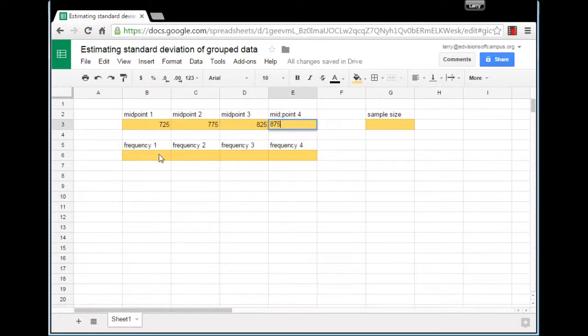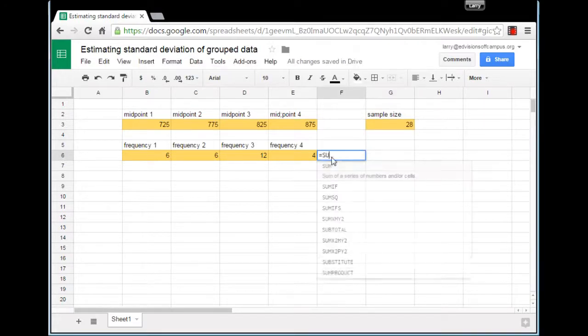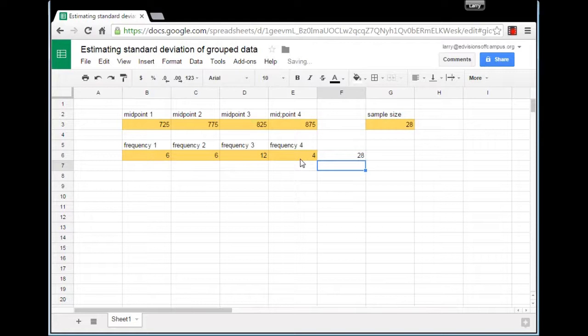And then the frequencies for each of those ranges were 6, 6, 12, and 4. And our total sample size is 28. It should equal the sum of this. Let's just check. So I'm typing the formula for the sum here. I'm going to select these. Yep, 28. Very good.